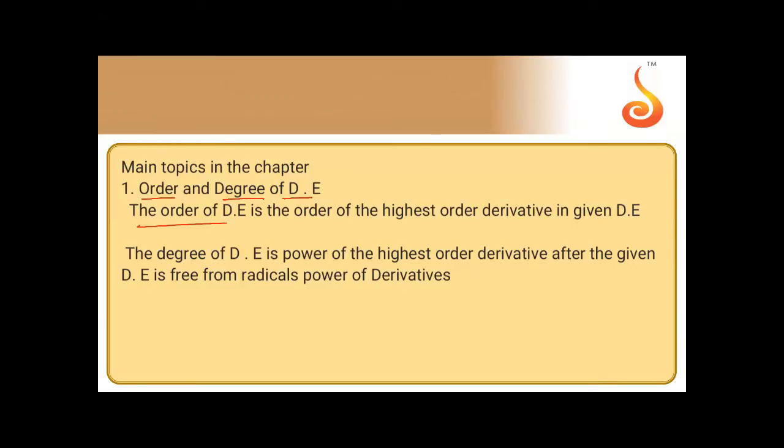The order of a differential equation is the highest order derivative in the given differential equation. For example, the equation d square y by dx square plus 2 into dy by dx plus 5 equal to 0. What is the order of this one? Highest order derivative.